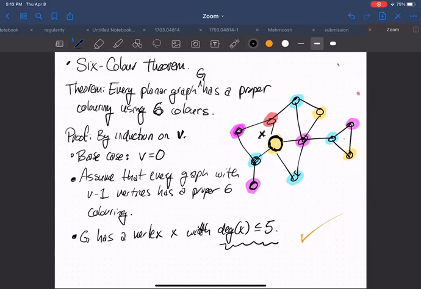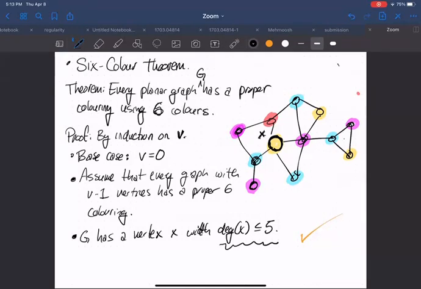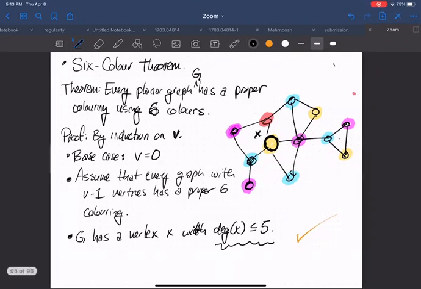Like if I took, well, this graph doesn't have any high degree vertices, but you could easily take a high degree vertex. In fact, even degree 6 would be enough. Inductively color, and then when that comes back, you find that, oh, all my 6 neighbors have different colors. There's nothing left for me to use on this vertex that I want to put back. So it was by a careful choice of a vertex.